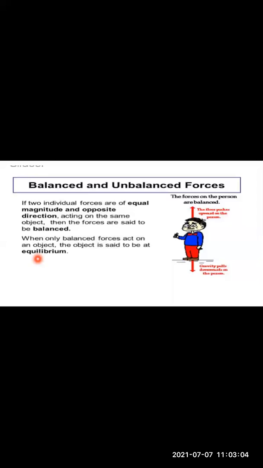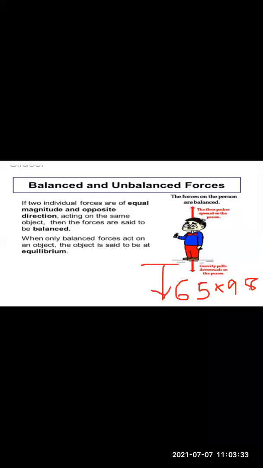To the right hand side of the slide, you are seeing a person standing on the ground. Let us suppose that the weight of the person is 65 kg. So 65 into 9.8, whatever value comes, that force acts in the downward direction.